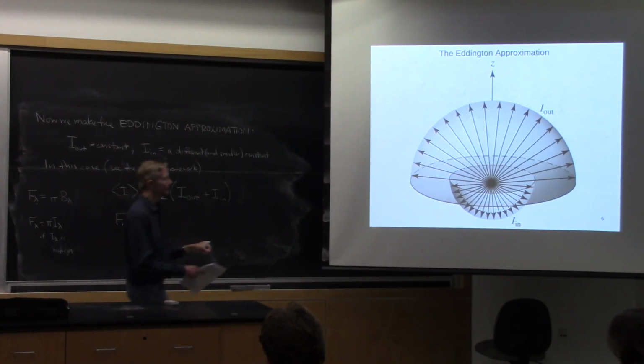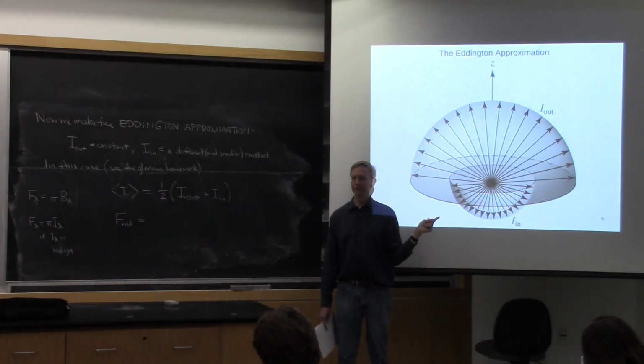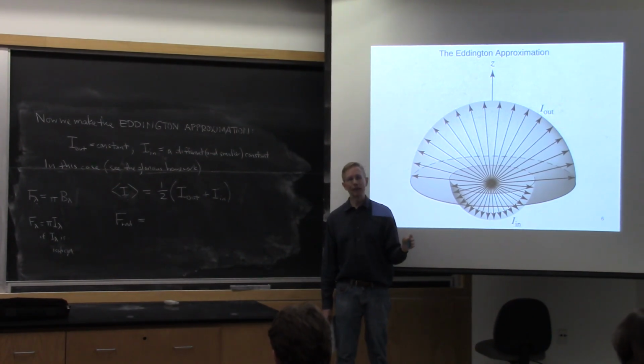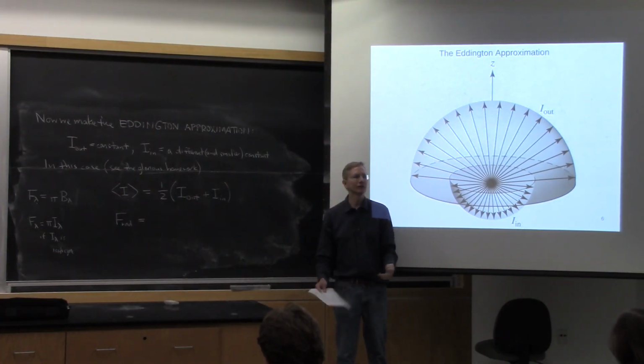Okay, so is I out isotropic as far as it goes? It is, right? The overall radiation field is anisotropic, it's bigger up than down, but the outward flux relation comes from doing the outward flux or the inward flux.